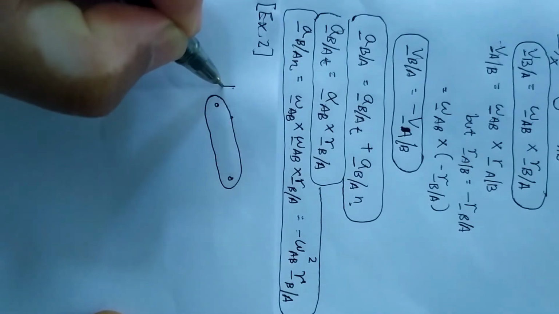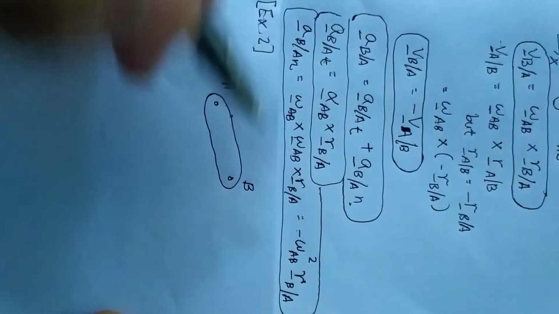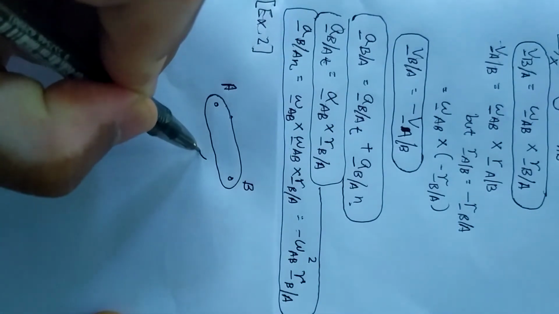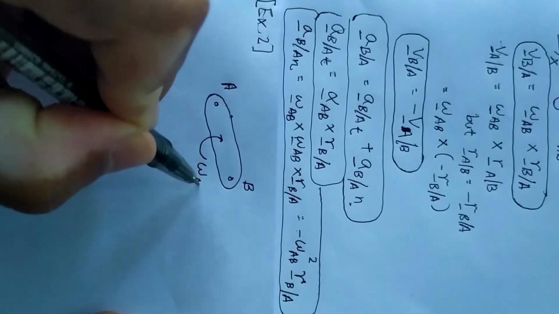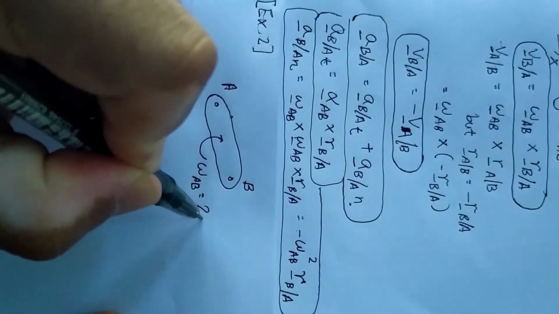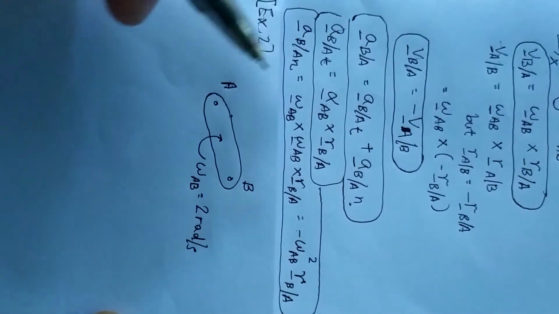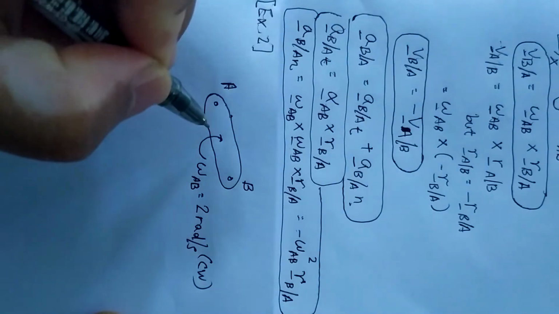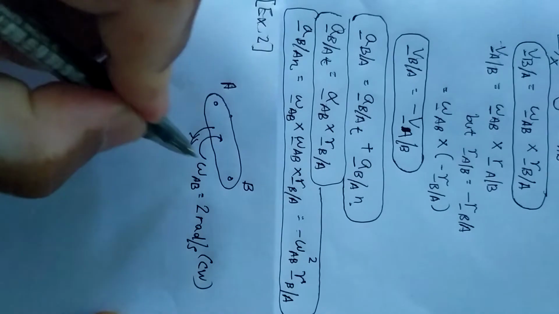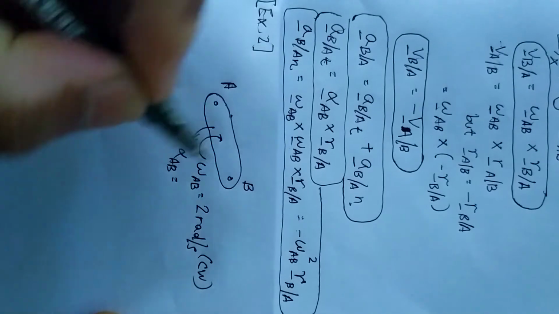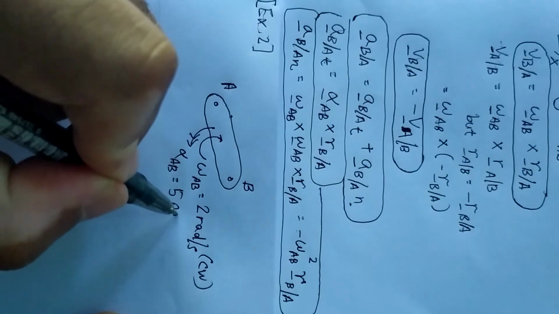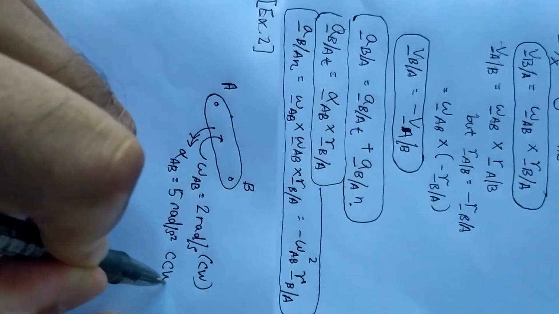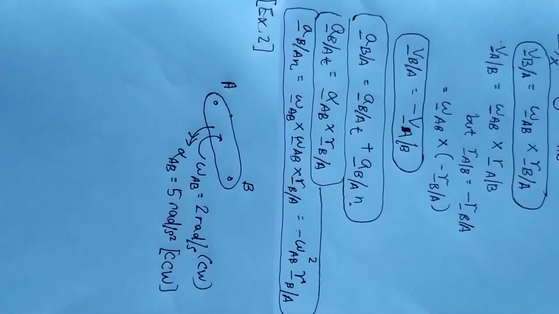This is A and this is B. This rigid body is having an omega of 2 radian per second clockwise, and then we have an angular acceleration of, let's say, 5 radian per second square, and this is counterclockwise.